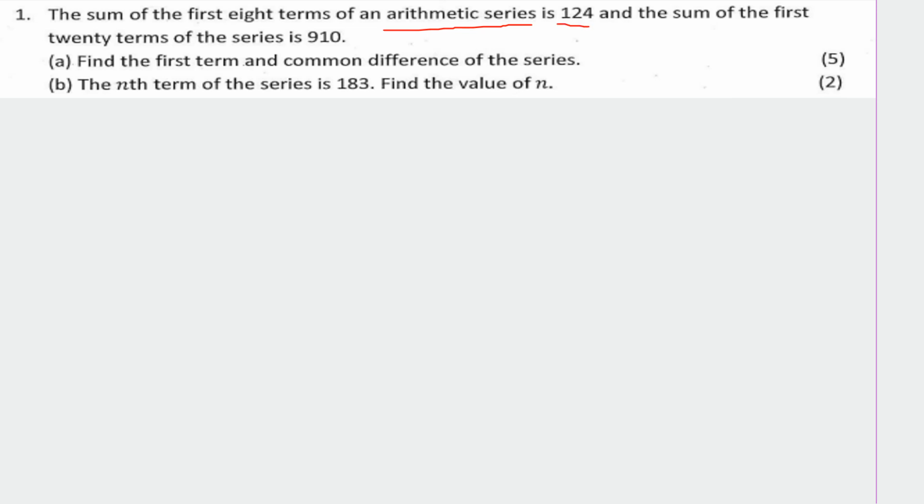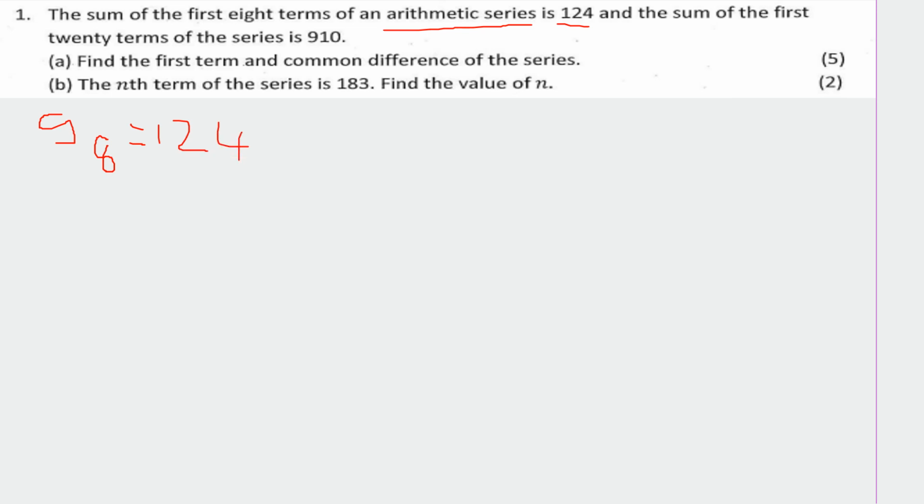So this is the data that they give us: the Sn of what? It has 8 terms. So the sum of 8 terms will be equal to how much? To 124.